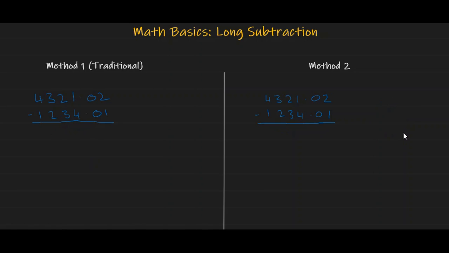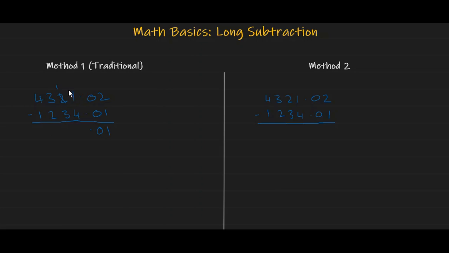Okay, let's look at an example with 6 digits and a decimal point. You would do this the exact same way from right to left, but just be careful about the decimal point. So let's start. 2 minus 1, I have 1, 0, decimal point. 1 minus 4, 4 is larger than 1, so you would borrow 1 from here.